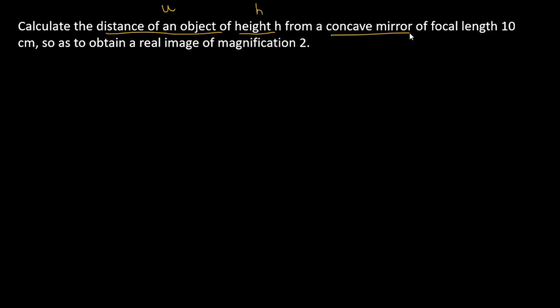So it is given as a concave mirror of focal length f equal to 10 centimeter, so as to obtain a real image of magnification 2. So what are the given parameters?